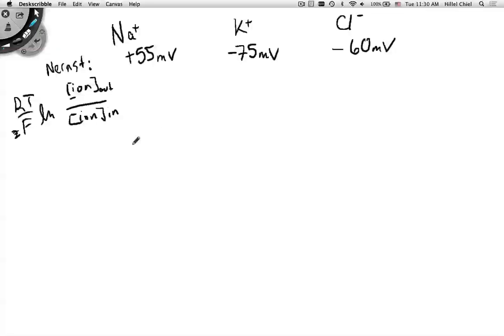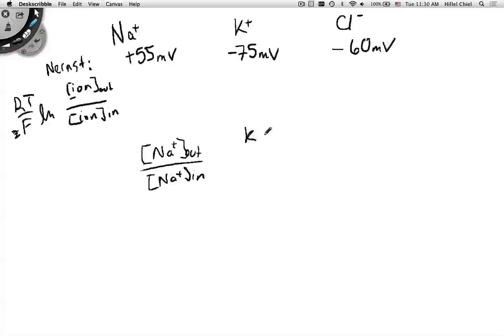So when we're talking about the membrane as a whole, because it's permeable to all of these ions, there's probably this ratio in our equation. That's right. So let's start with that ratio. Sodium out over sodium in.